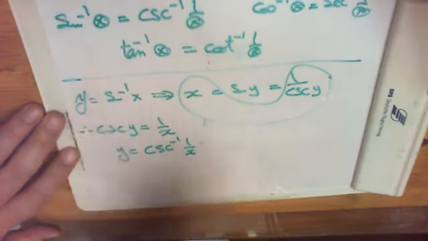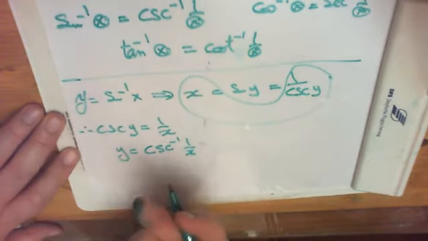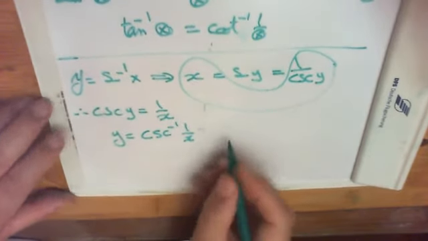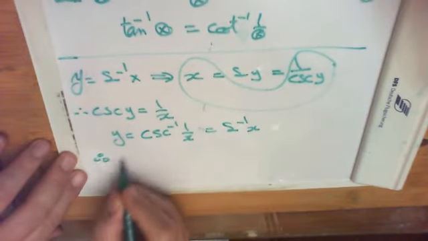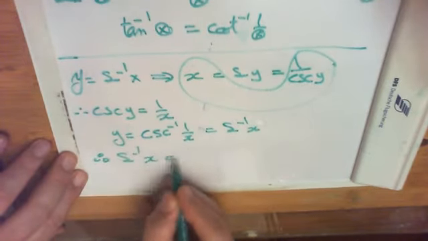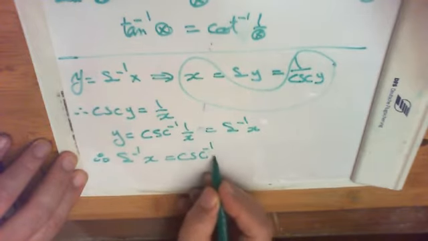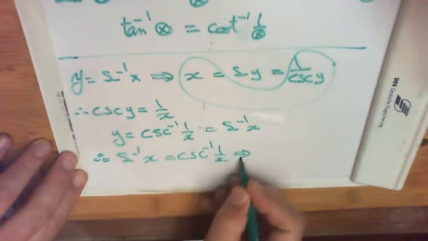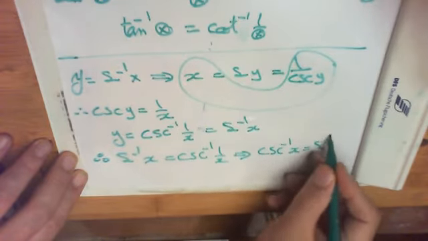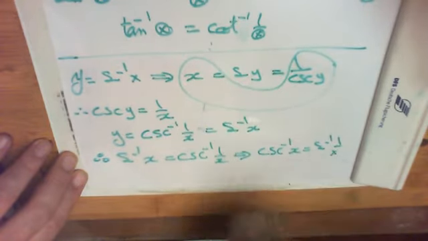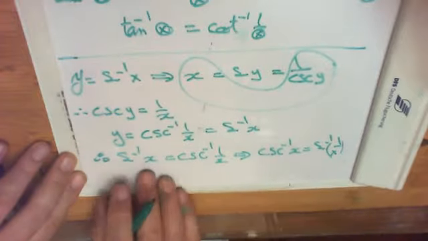But y is sin⁻¹x. Therefore, sin⁻¹x equals cosec⁻¹(1/x). Vice versa, cosec⁻¹x equals sin⁻¹(1/x). No problem. Okay?